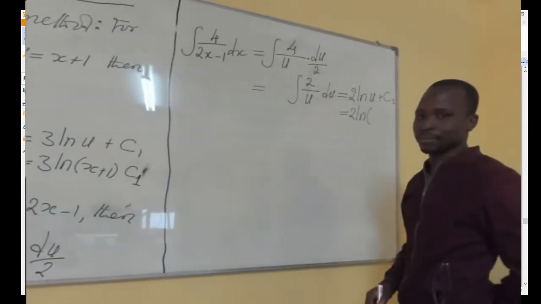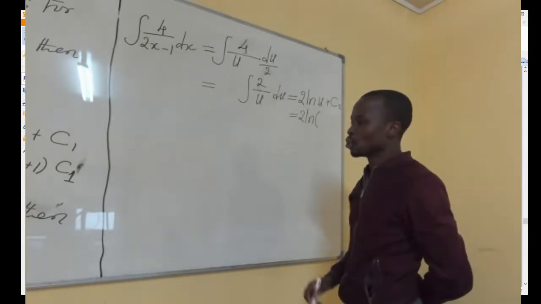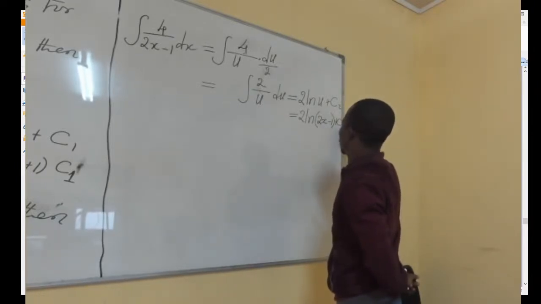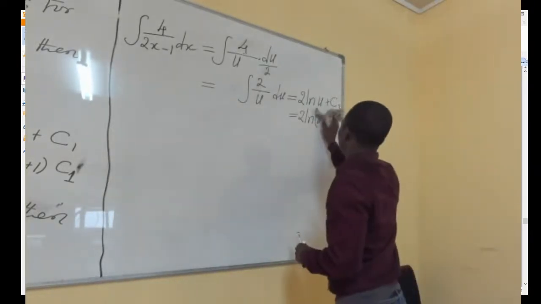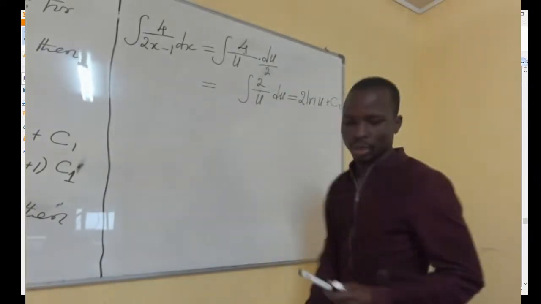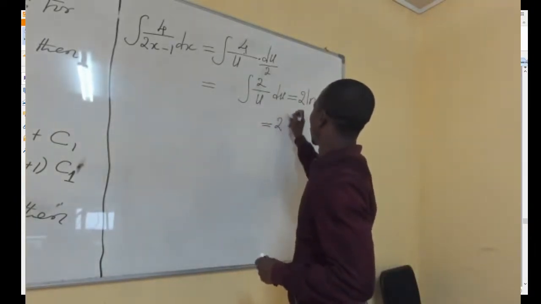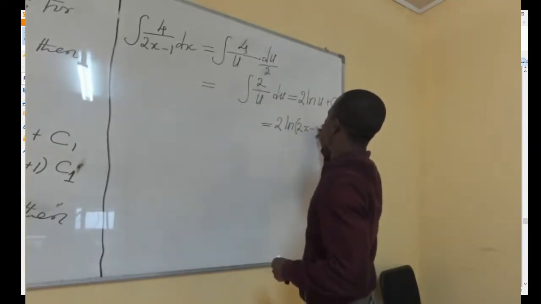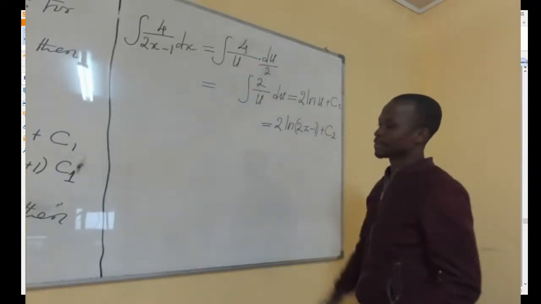Now, in this case, our u was equal to 2x minus 1, then plus c2. So which is equal to 2 ln of 2x minus 1 plus c2.